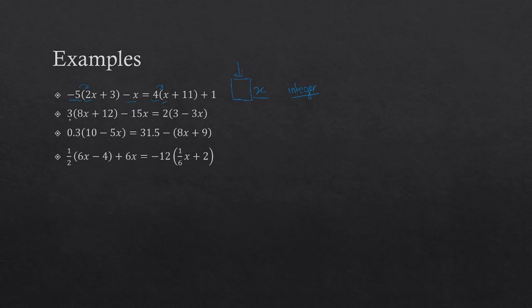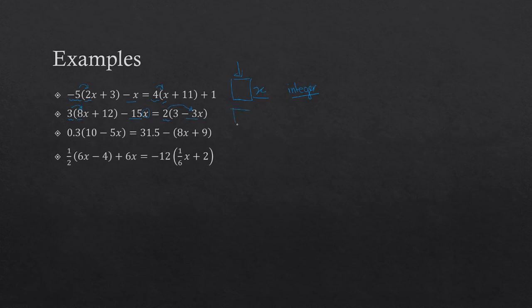The second one: 3 between two brackets 8x plus 12, minus 15x, equal to 2 between two brackets 3 minus 3x. We have 3 multiplied by 8, 24, and we have minus 15 multiplied by the x, and we have 2 multiplied by minus 3, which is minus 6x.